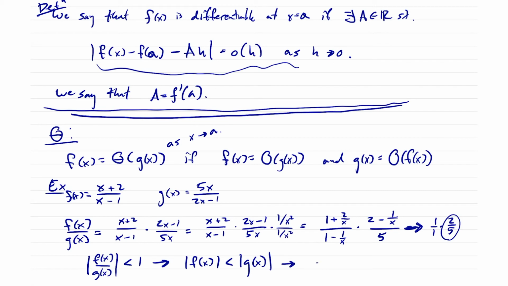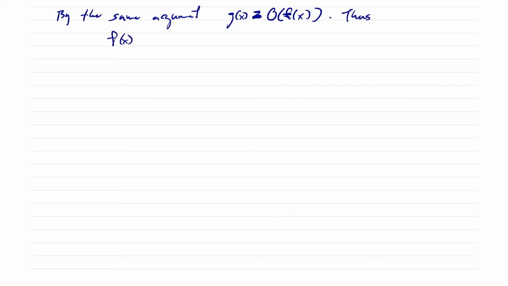And so that tells us that f of x is equal to big O of g of x. And symmetrically, we can do the same argument. By the same argument, we have g of x is equal to big O of f of x, and thus f of x is equal to theta of g of x, and vice versa.